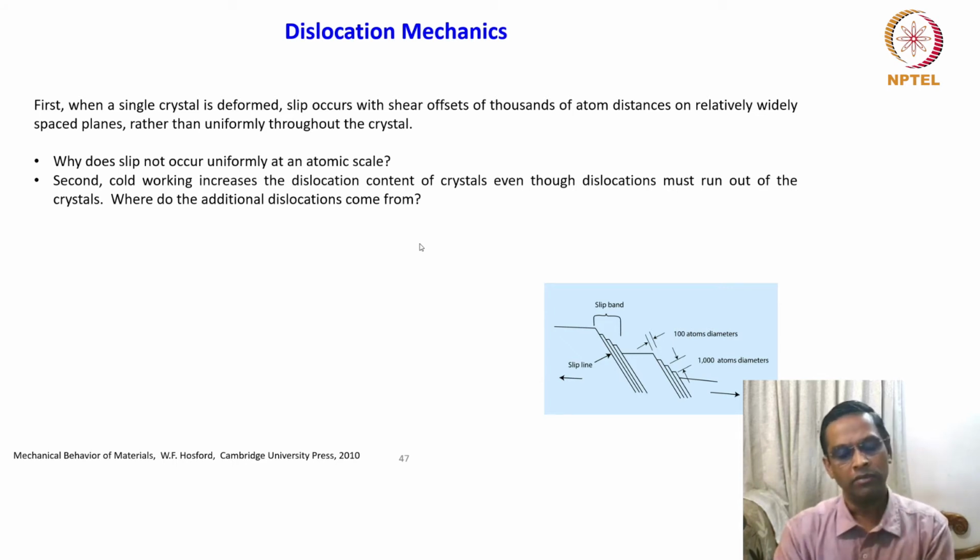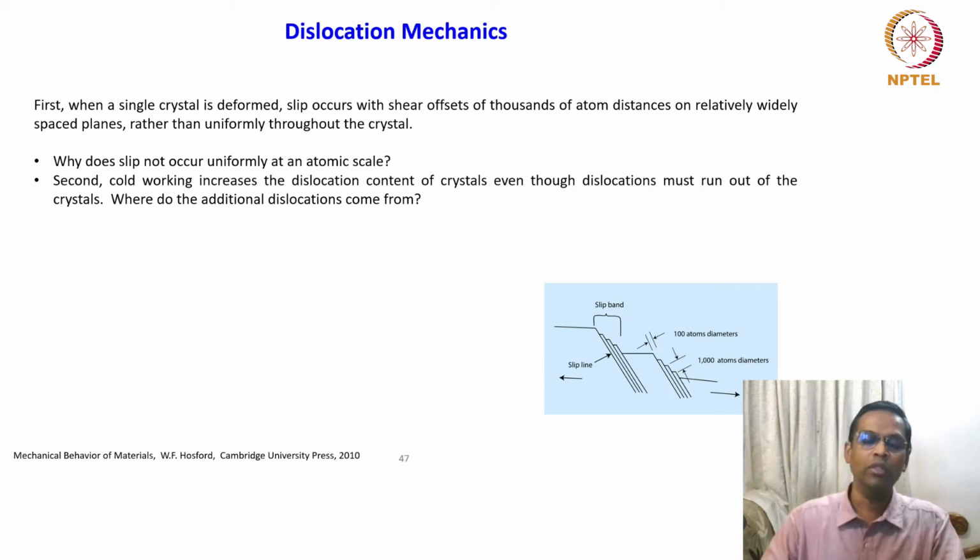So most of the defects which get generated will run out of the crystal system. That's what is written here. Then, if most of the crystals get rid of these dislocations during cold deformation, how does the dislocation density increase? So where do the additional dislocations come from? These are all the other questions.